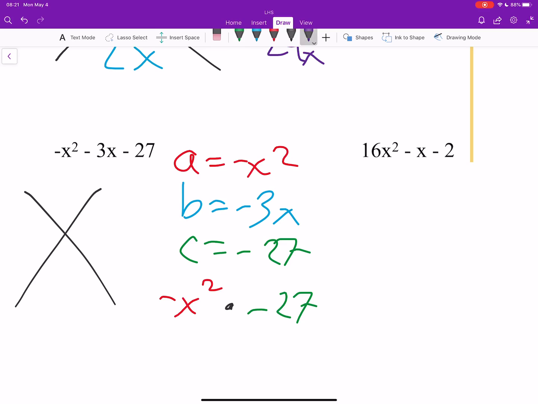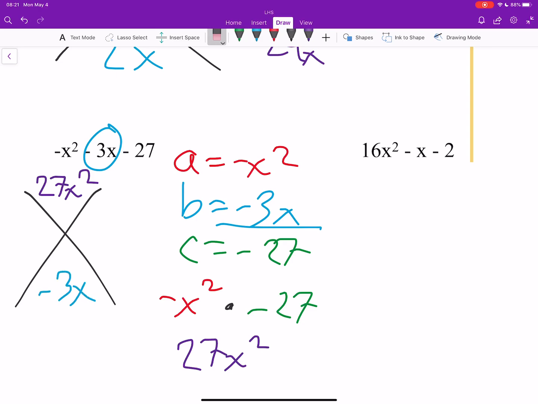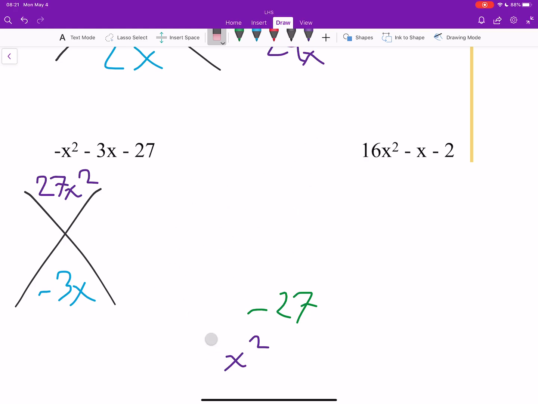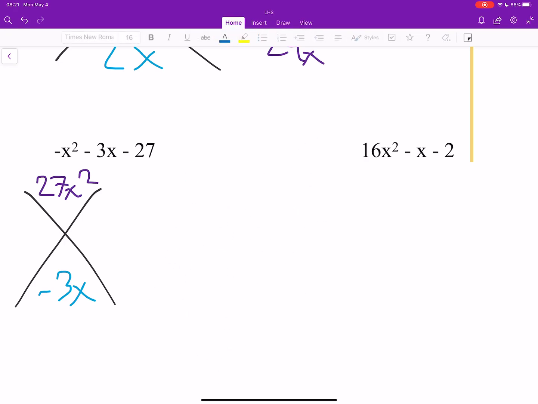Negative times a negative gets me a positive, so that's 27x squared. That's what goes on the top of my x problem. What goes on the bottom is the middle term, including the sign that comes in front of it. So it's a negative 3x. So not just 3x, negative 3x. Last one I want to look at here.